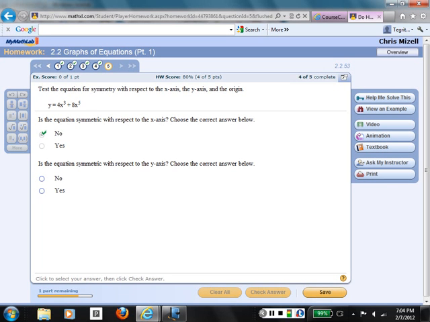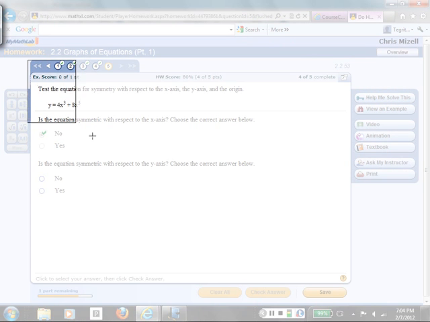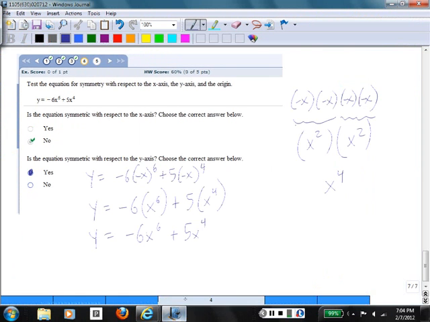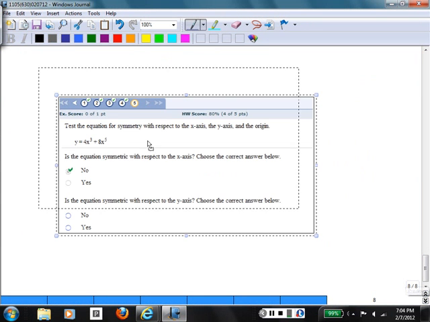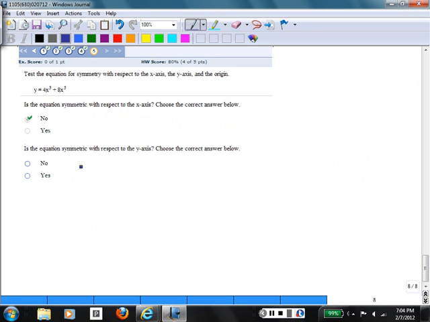I feel like I should write a little bit more for this one. Y equals 4 times negative x to the 3rd plus 8 times negative x to the 5th. Now, negative x times negative x times negative x is going to simplify to equal what? Negative x. And we have three of those x's there multiplied together. So negative x to the 3rd power.